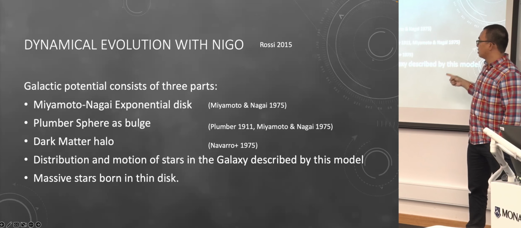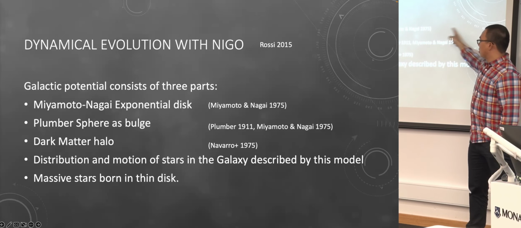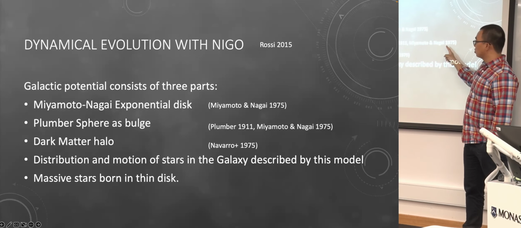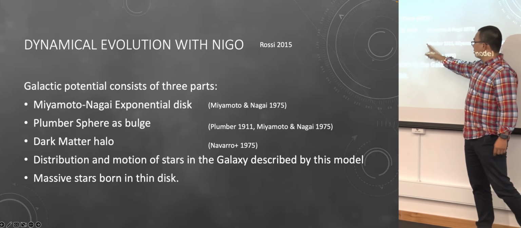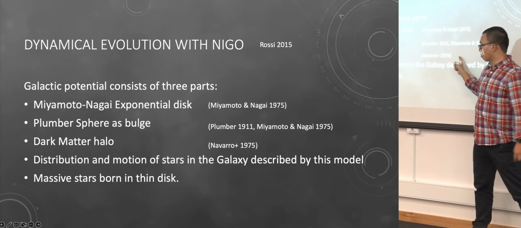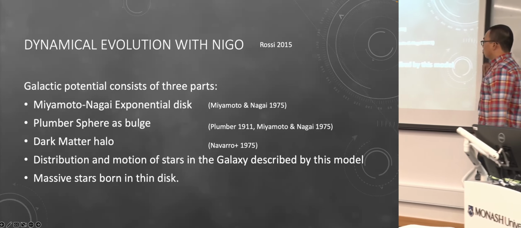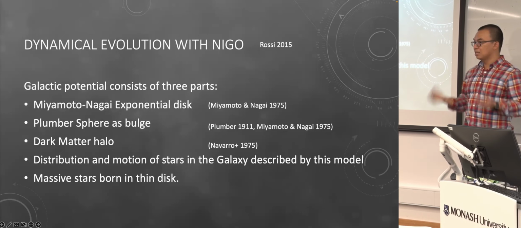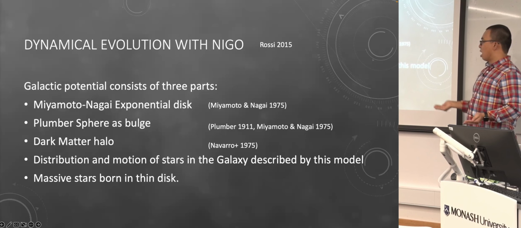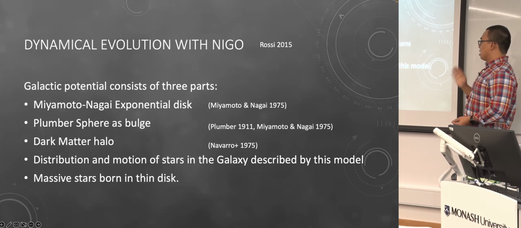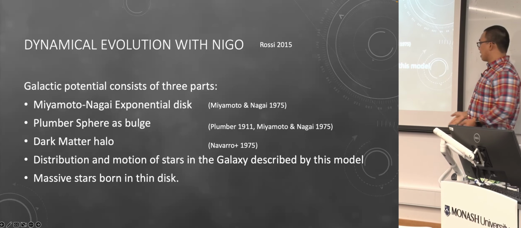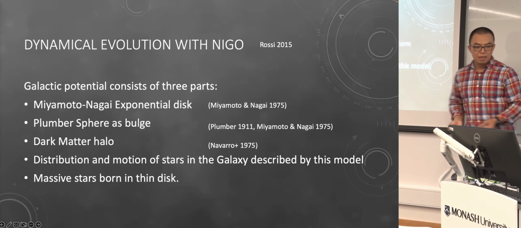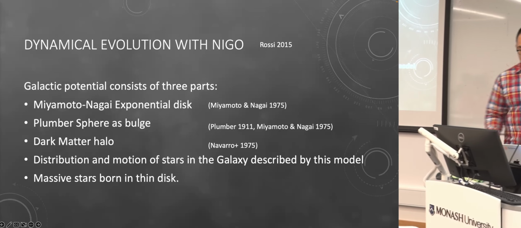It takes three descriptions to combine our galactic potential, including an exponential disk, a Plummer sphere as a bulge, and a dark matter halo. This would distribute the pulsars around the galaxy, and combined with the kicks they received at birth through the supernova explosion, it would move them around the galaxy. Of course, all of these pulsars are assumed to be born in the thin disk, like the massive stars.